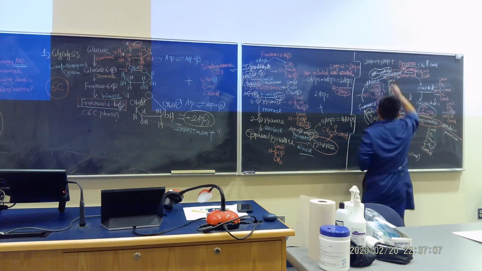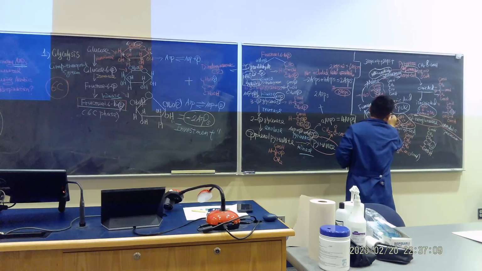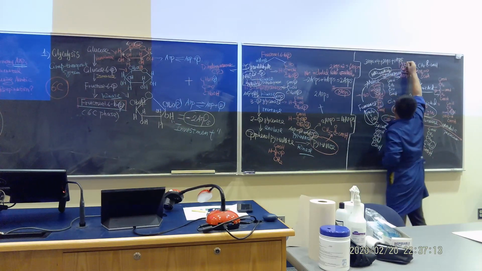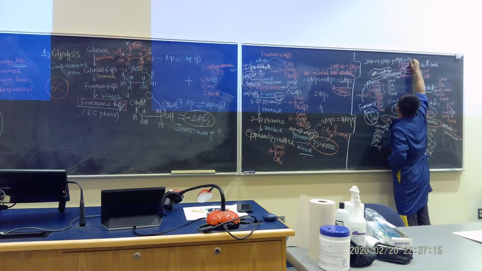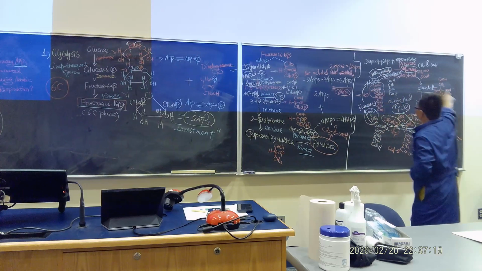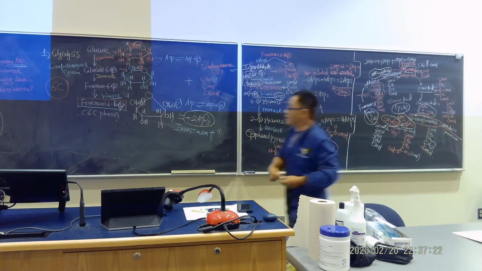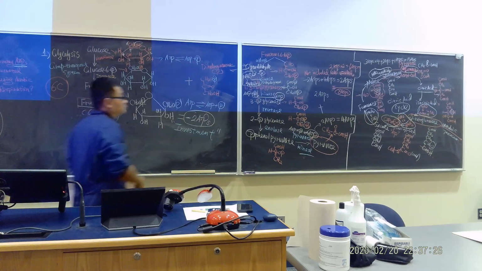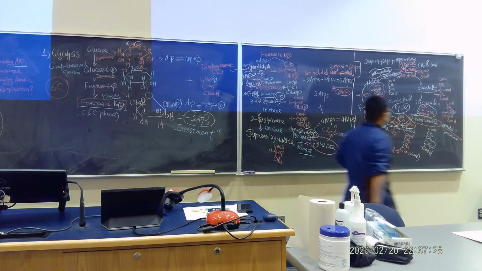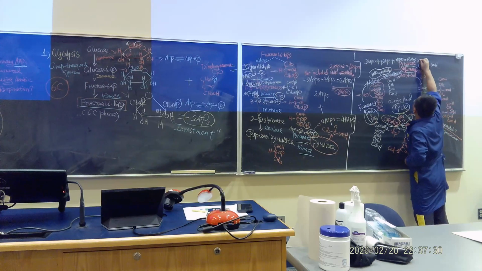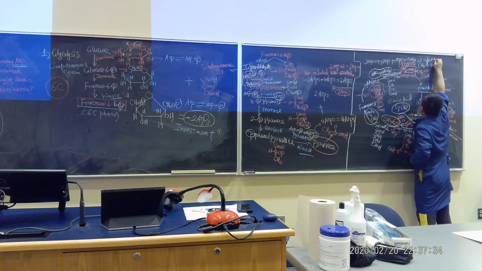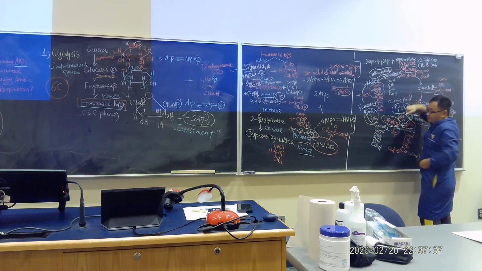And do not forget there is another one right here, that is 1 ATP. So the total is 15 ATPs. Remember, this is one cycle, and 2 pyruvates come out. So the total, you multiply by 2, equals 30 ATPs. Okay?